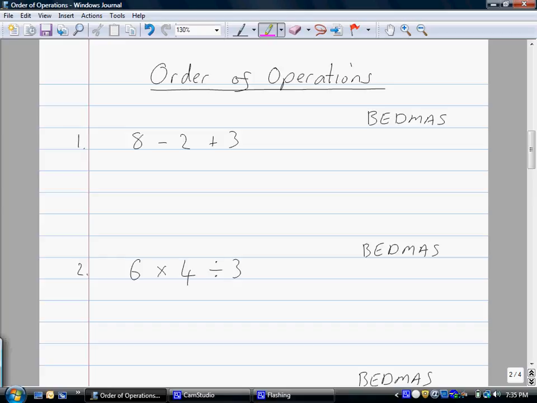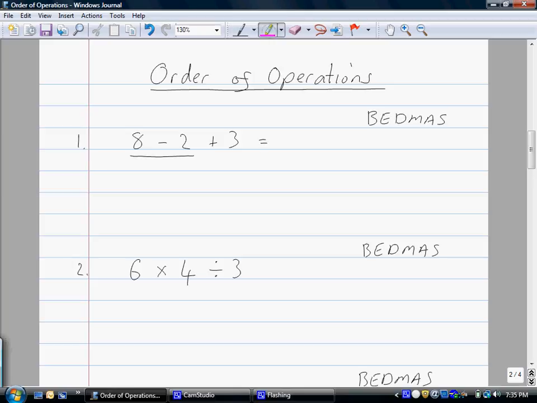Now you have to be very careful here, because one common mistake is that because of the order of these letters, some students think that addition always comes before subtraction. This is not true. Addition and subtraction are kind of together, so you just do them from left to right. So in this case, the first one we will do is the subtraction here. So I underline it, so I'm showing that I know what needs to be done.